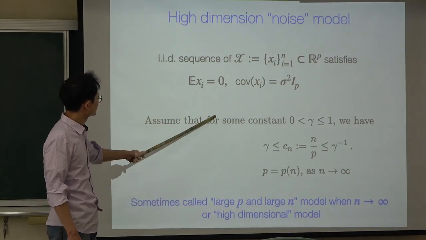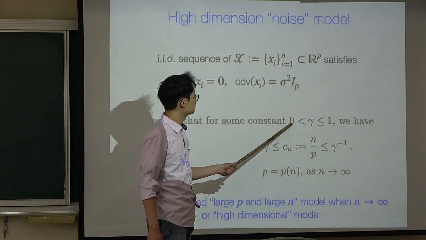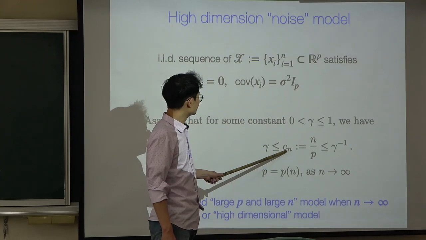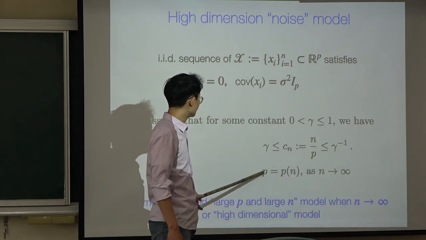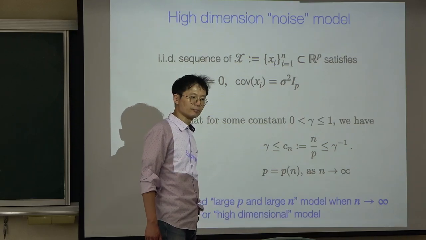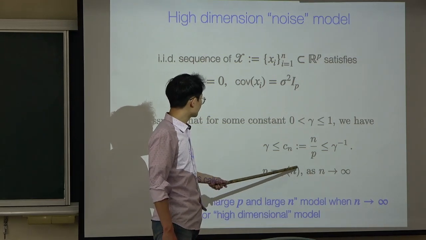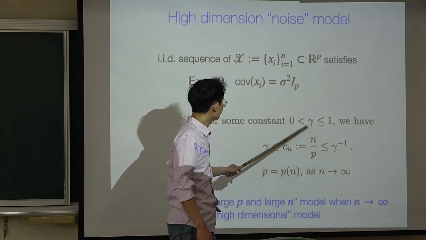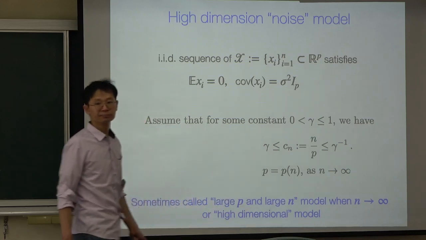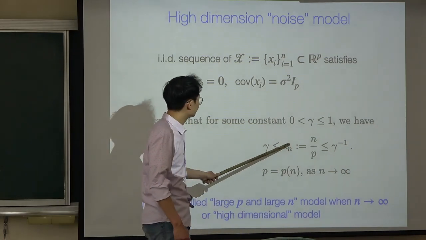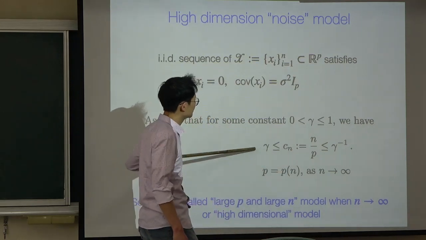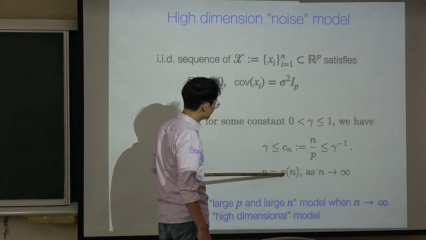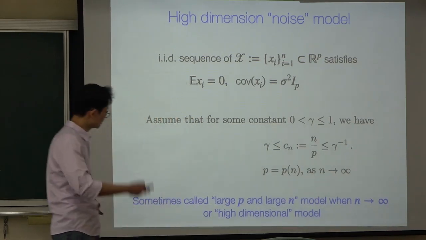Assume there exists some gamma between 0 and 1, and define c_n to be n divided by p, where p goes to infinity as n goes to infinity. This c_n converges to some value that is non-zero, but in general you don't need to take a limit. It just says that p depends on n, in particular when n goes to infinity.